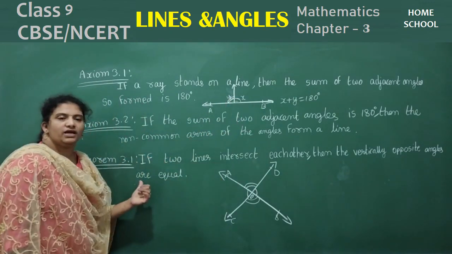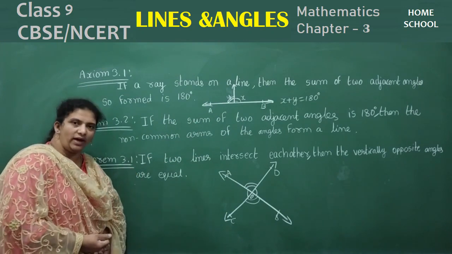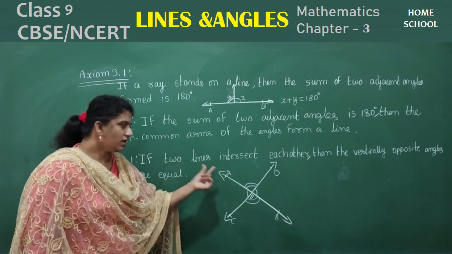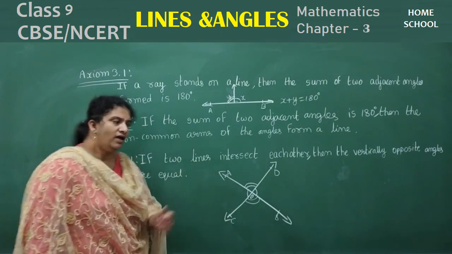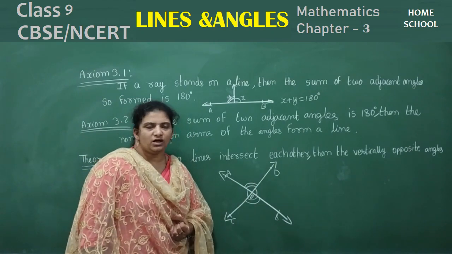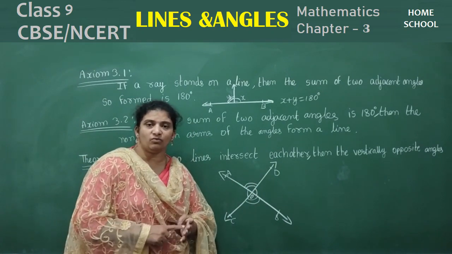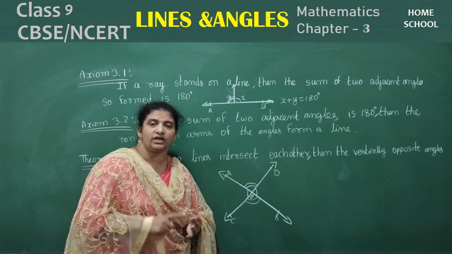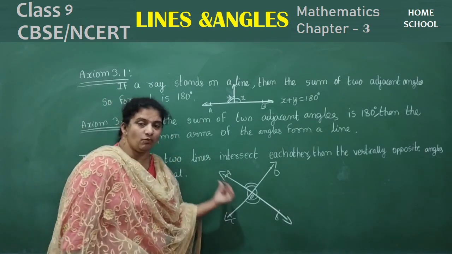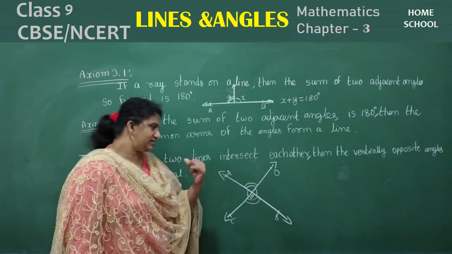So now coming to your theorem 3.1. If two lines, there are two lines here, observe AB and CD. Okay, we have seen what are parallel lines, what are intersecting lines, what are non-parallel lines. We have seen, children. So once again, we are going to see what these angles are.